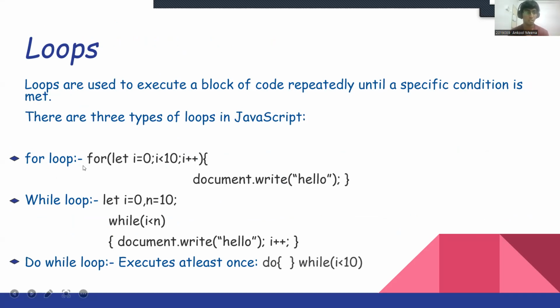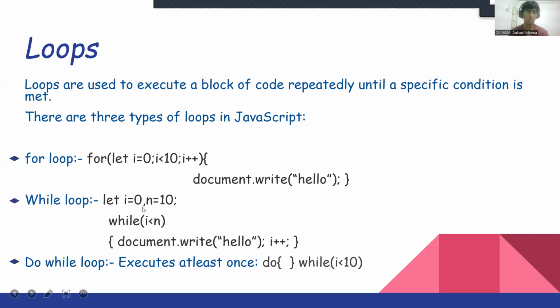For the for loop, we have to initialize, and we have to give a specified condition for how long it will run, and we have to implement it along our needs. So we can do i plus plus, and for this we have initialized it with 0, and we'll run it while i reaches 9. So this will run 10 times from 0 to 9, and it will print hello 10 times.